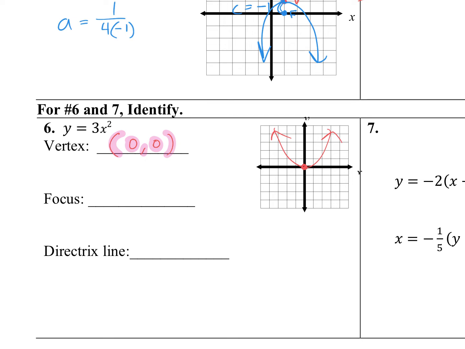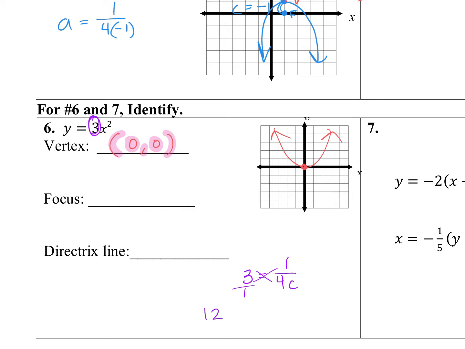How do we figure out the focus? Your A value is your 3, right? So A equals 1/4 times C. We need to figure out what our C value is and then cross multiply. So treat this like 3/1.